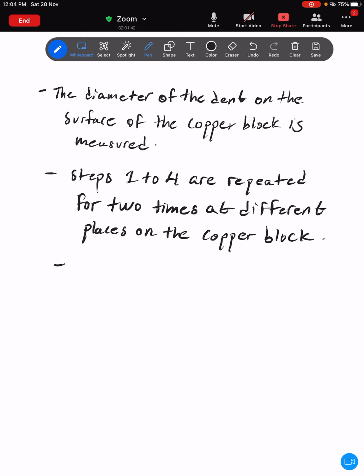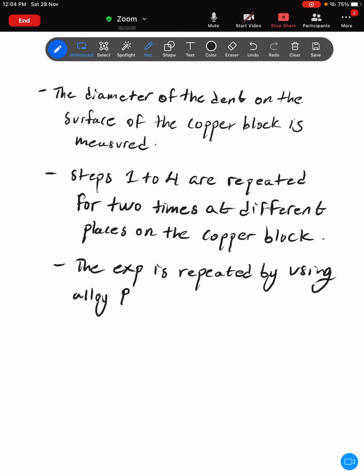Then the last step will be the experiment is repeated by using alloy P, for example, block to replace the copper block.